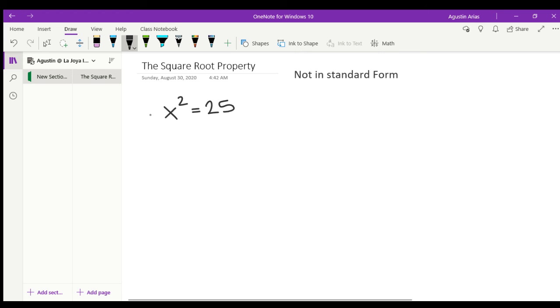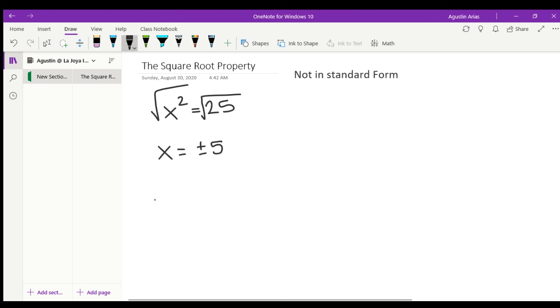And then all we got to do is take the square root of both sides. So x is equal to, and whenever you take the square root, there's going to be two answers: the plus and the minus. So plus or minus 5.